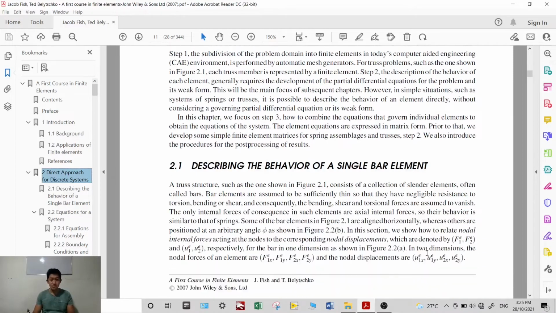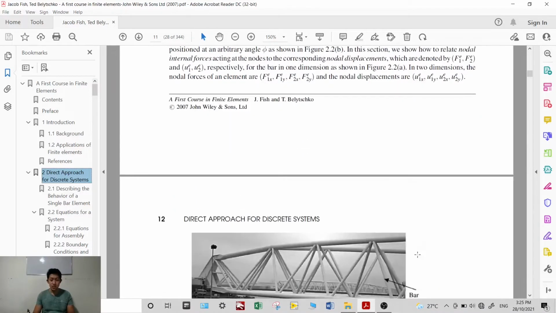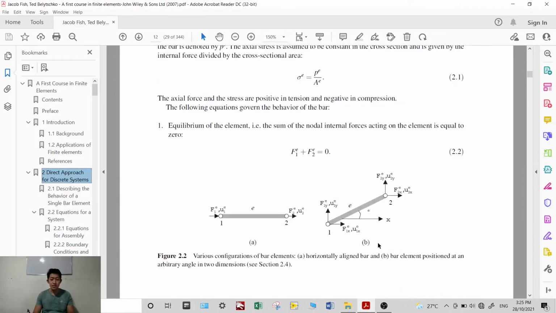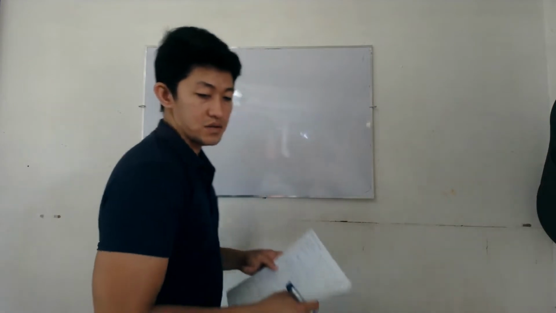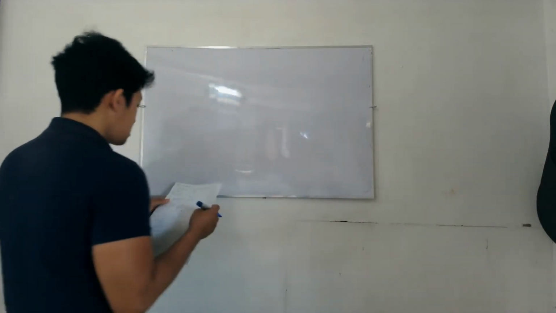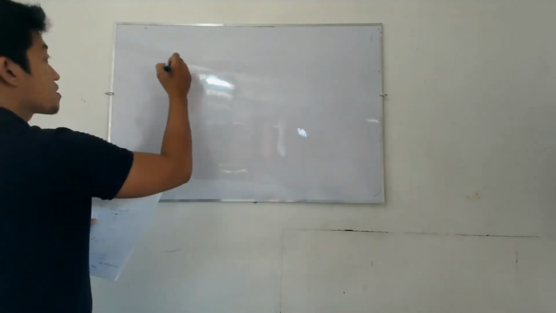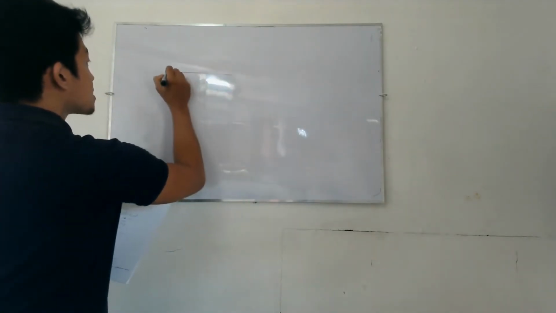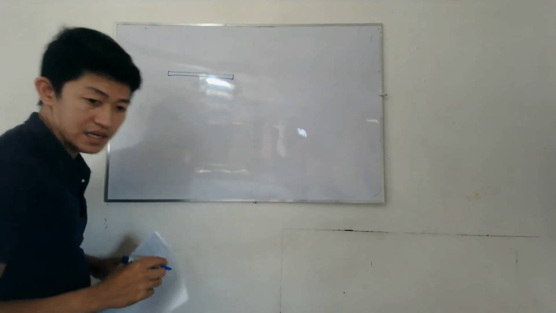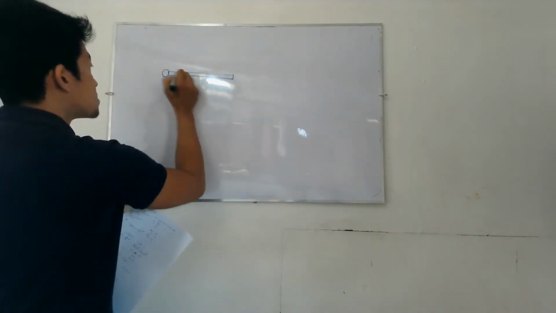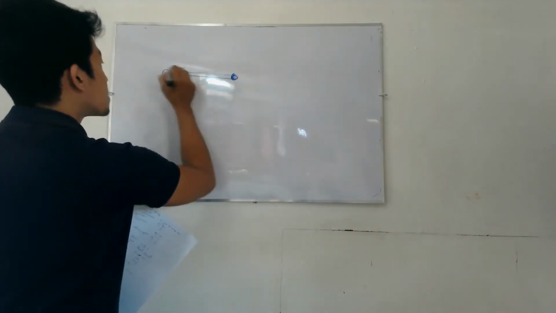Okay. So let's start with a single bar element. Okay, so let's start with a single element. This is your element, and this is the node.